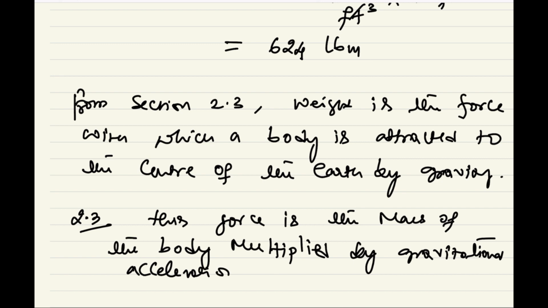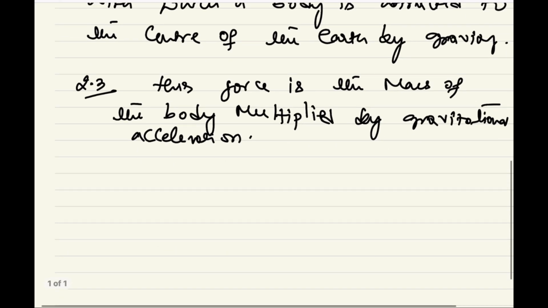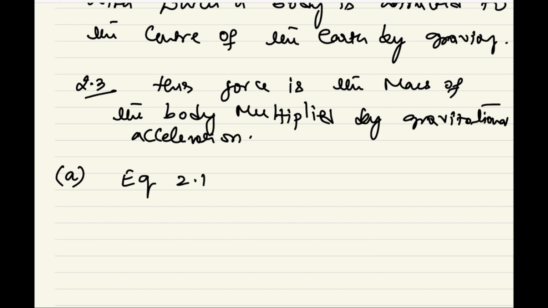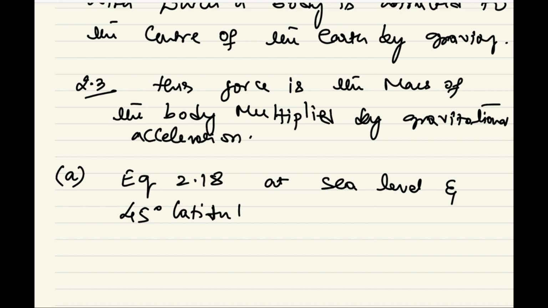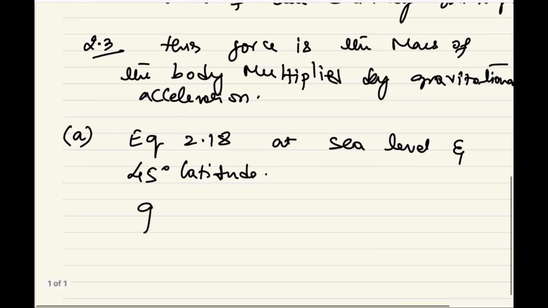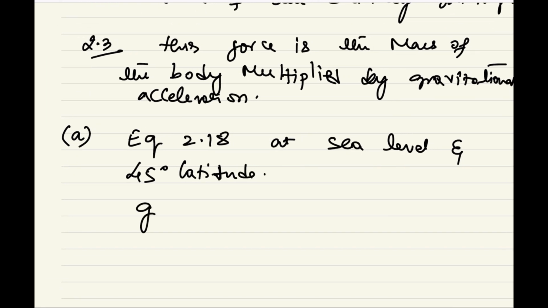Let us see step by step, sub question A. If you check equation 2.18, at sea level and 45-degree latitude, g, the gravitational acceleration, is 32.174 feet per second square.